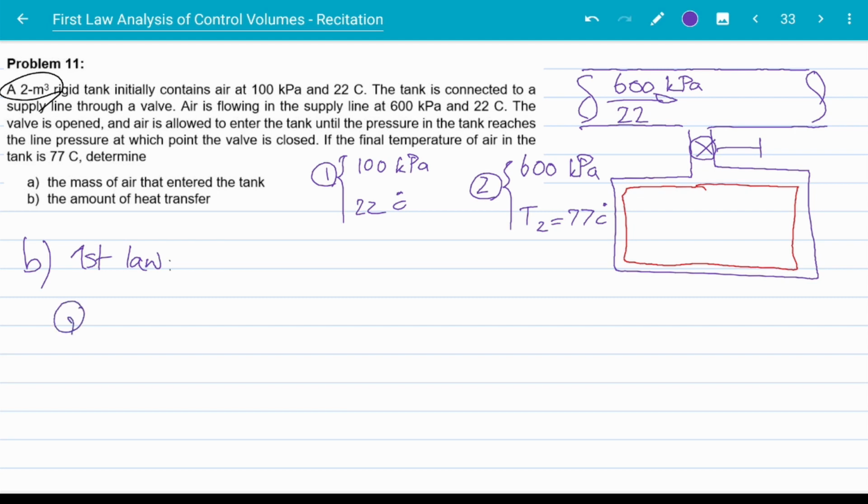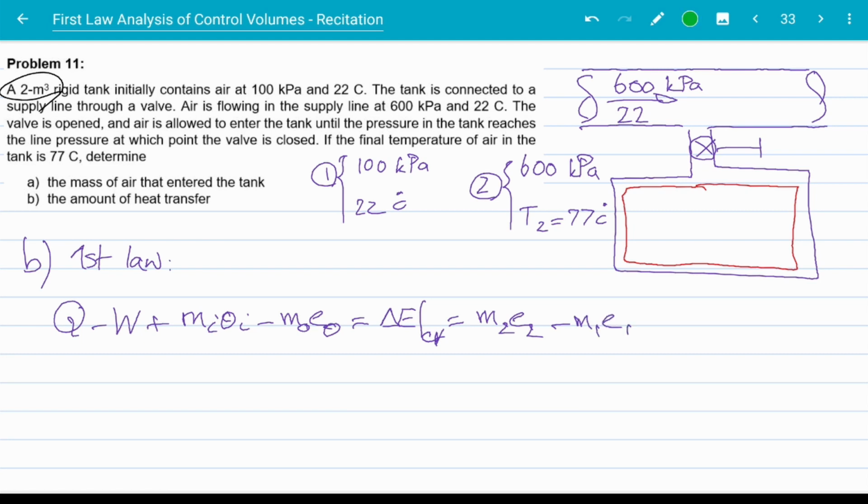So Q net minus W net plus all the energy coming in with the flow minus all the energy going out with the flow is equal to the change of energy of our control volume, which we can write as M2 E2 minus M1 E1.